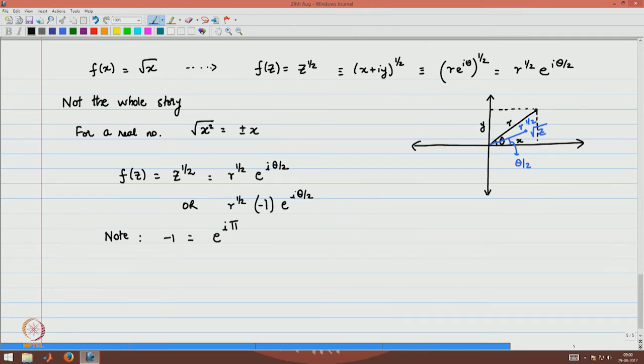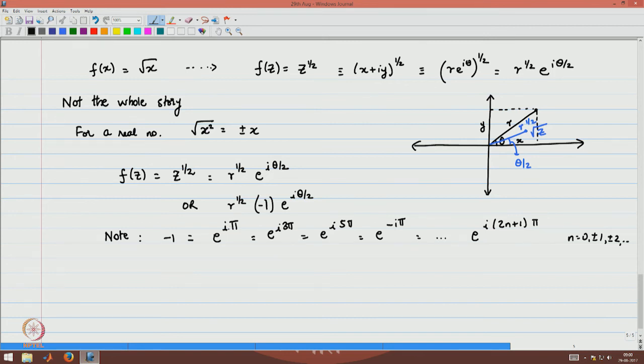So e to the I pi is equal to e to the I 3 pi is equal to e to the I 5 pi and so on, is equal to e to the minus I pi, so in general equal to e to the I 2n plus 1 pi, where n equal to 0, plus minus 1, and so on. Okay, so it is an odd multiple of pi. So for any odd multiple of pi, e to the I pi is equal to minus 1.